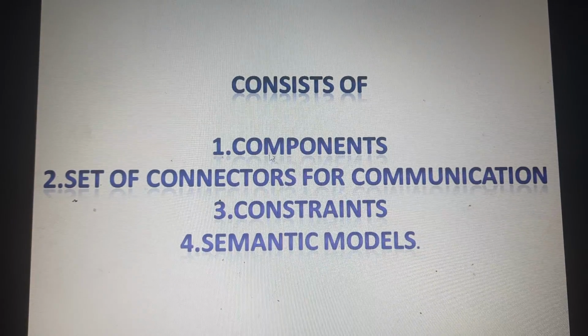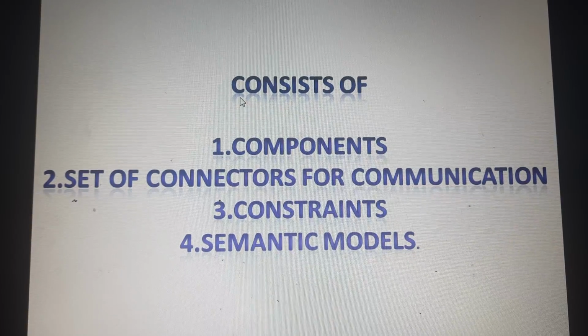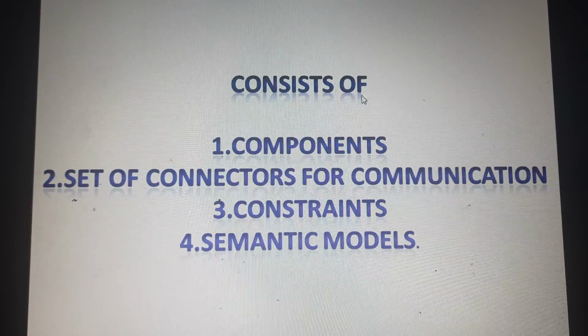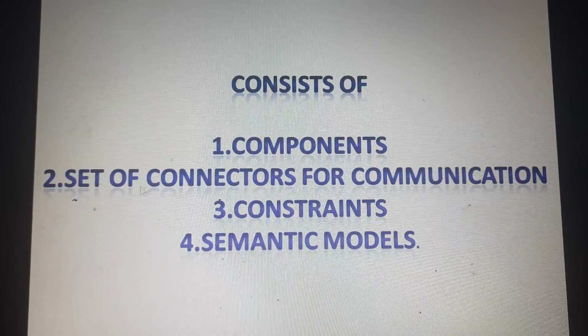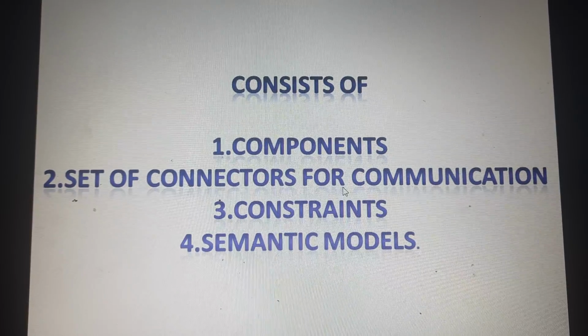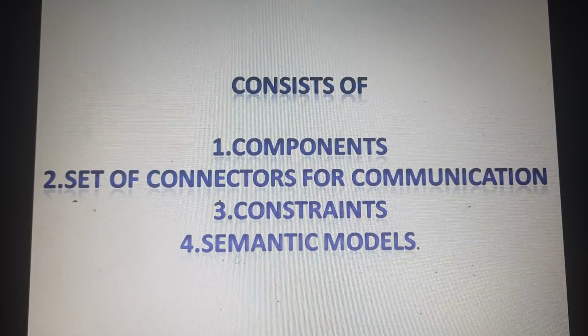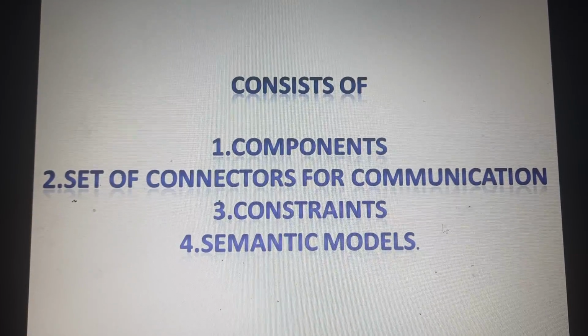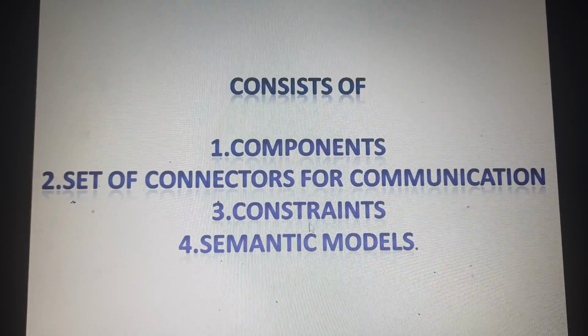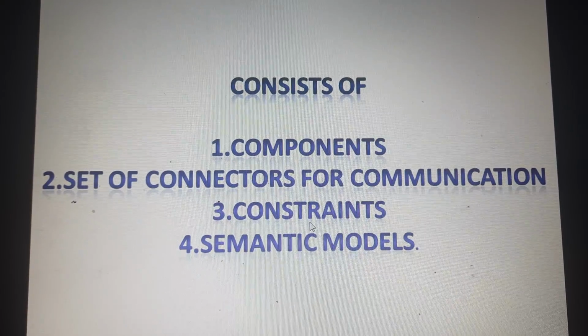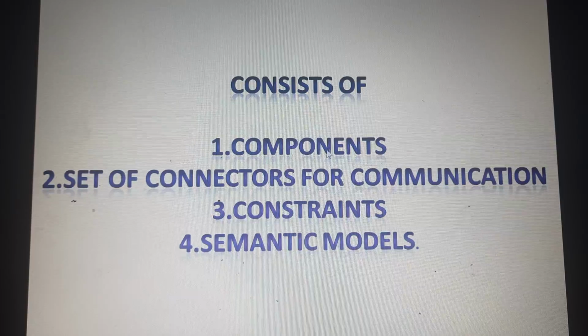Now see, what does this architecture consist of? It consists of components, connectors, constraints and semantic models. Now what are these four points? You want to build a house. To build a house, you require material.